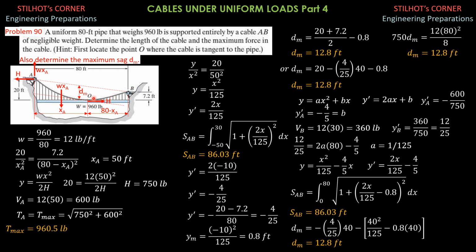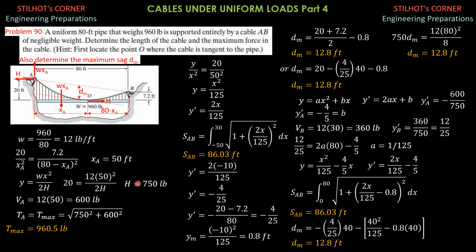So h times y equals w times x over 2. So that's why you're able to derive that formula. So let's just apply it directly: ya 20 feet equals w 12, xa is 50 feet, quantity square over 2h. So h is 750 pounds.